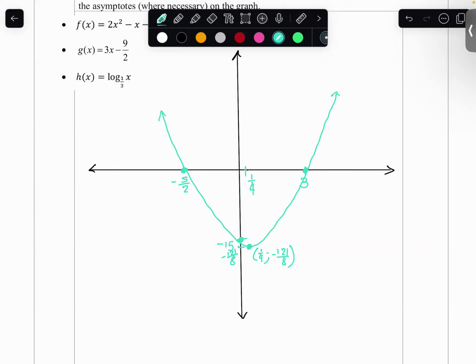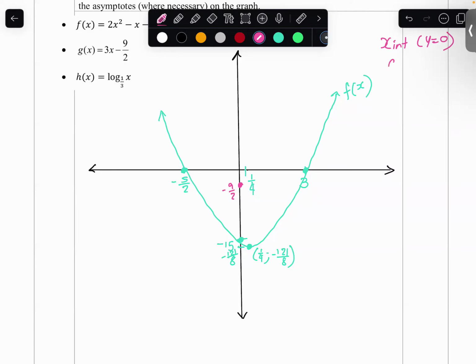Okay, that's f of x. It's the first graph. Second graph is a straight line. Your y-intercept is here at minus 9/2. 9/2 is 4.5. So negative 4.5 is somewhere here. Let's say minus 9/2 is there. And then to get the x-intercept, you make y equal to 0. Because remember, to draw a straight line, you need a y-intercept and an x-intercept for y is equal to mx plus c.